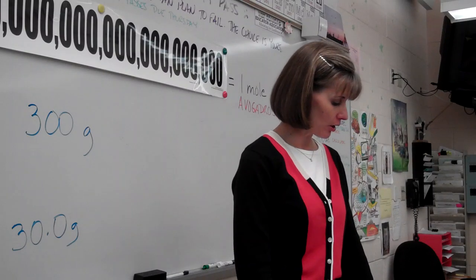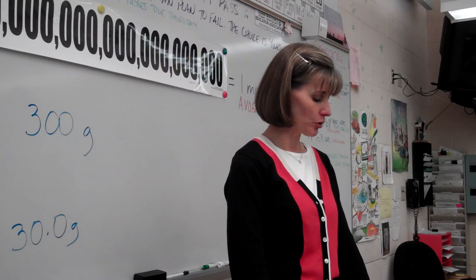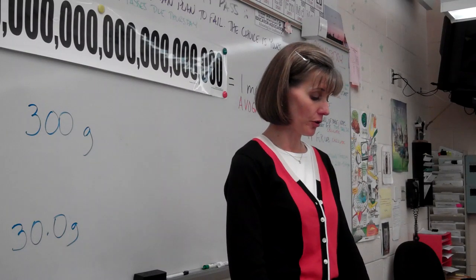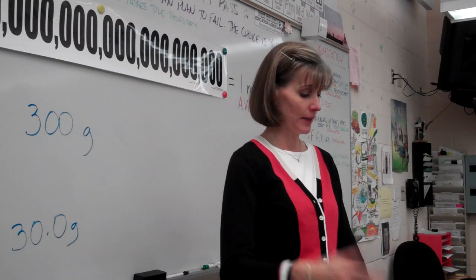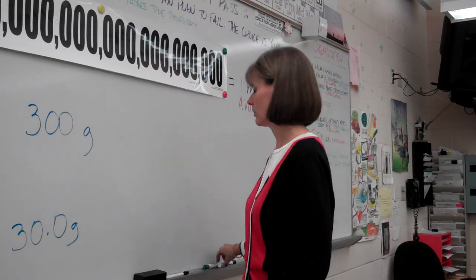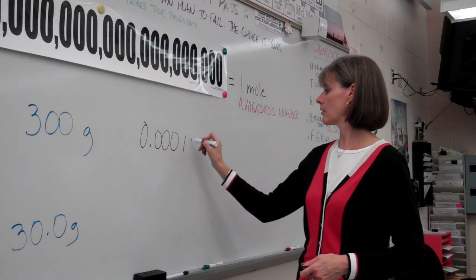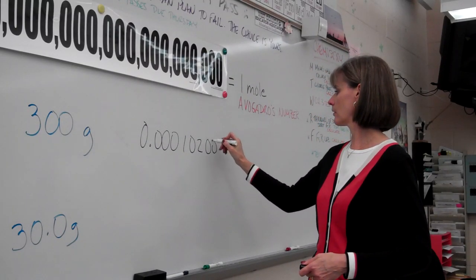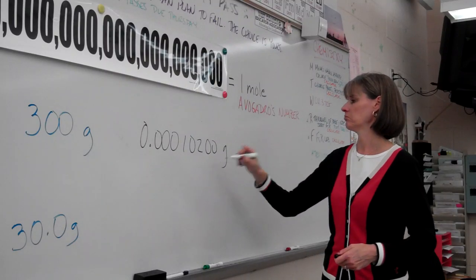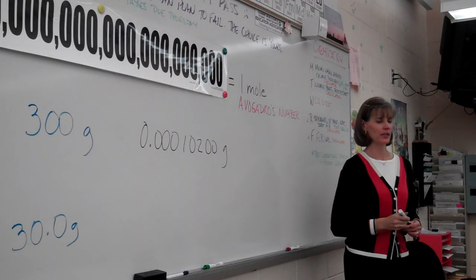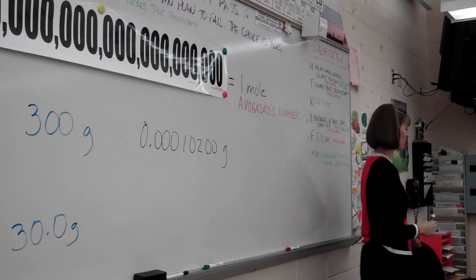29. How to identify a measurement that is written to a specific number of sig figs. So this is going to ask you, how many sig figs are in this number? And you'll see something like this. How many sig figs? What you've got to do is count.